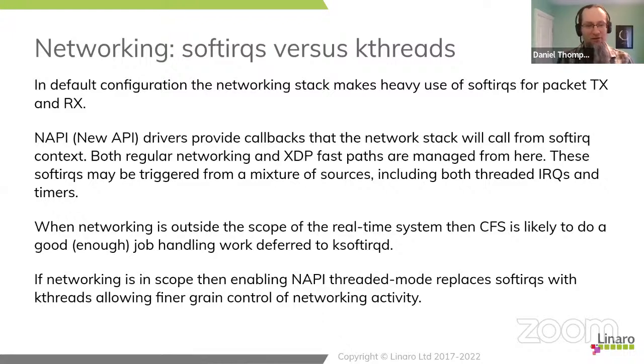And also observe that if networking is outside the scope of your real-time system, so if you remember how we just constructed the example real-time system from last week, I had described it as networking not being in scope. The mesh networking stuff was just SCHED_OTHER, and it was being done. So it has to be observed that if you are running Preempt RT and networking is not part of the real-time system, then we can hope that CFS does a good enough job with that work being deferred to ksoftRQD.